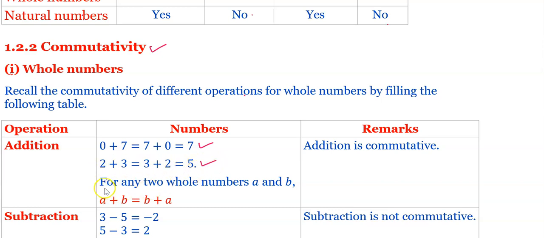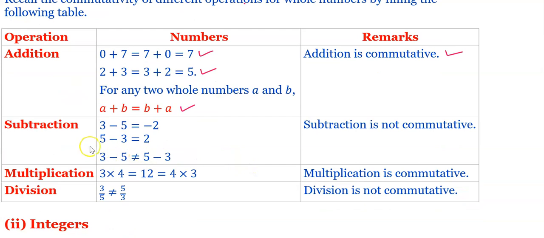Therefore, we say that for any two whole numbers a and b, a plus b equals b plus a, and therefore we say that addition is commutative for the whole numbers. Now what about subtraction? If we take any two elements from the whole numbers, for example 3 and 5, 3 minus 5 is minus 2, but 5 minus 3 is 2.